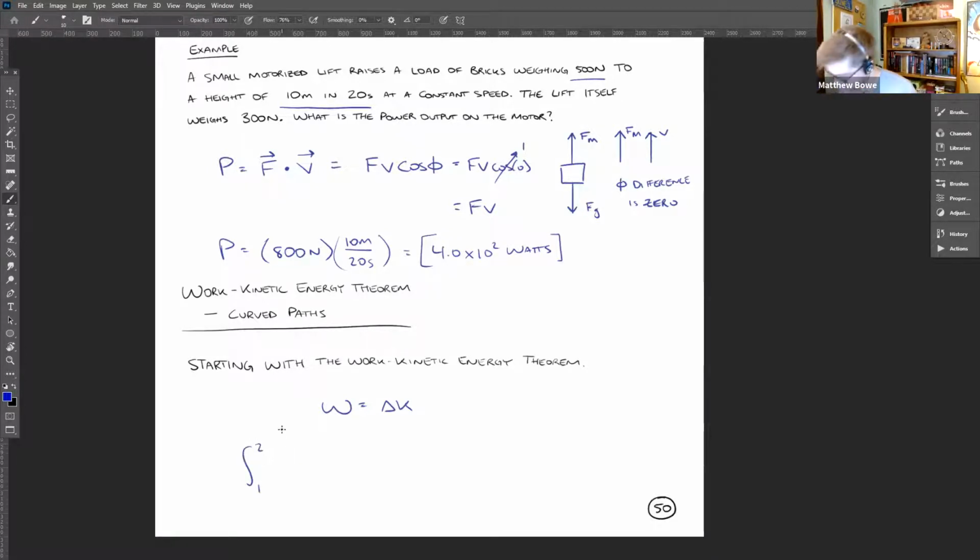So I'm just going to say if we have something like this, it would be force times this winding path. Now, you can think of this as maybe two-dimensional. And delta K, that's just final minus initial also. All right, so that's handy to have.